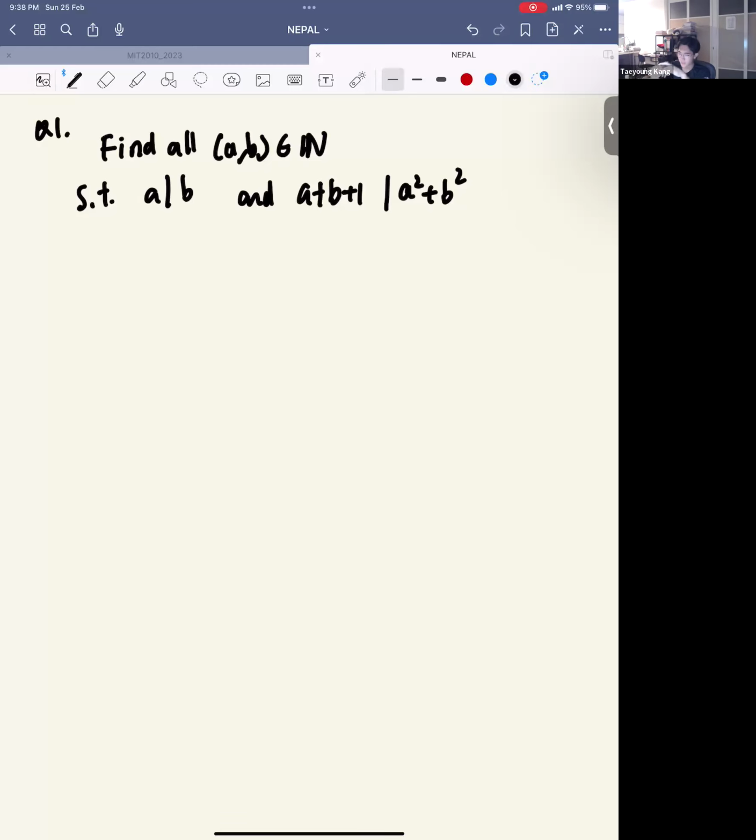But when you look at it, we have A and B and a 1. And it's very hard to have a physical sense of how big the number is, right? But thankfully we have the condition A divides B. So how can we, yeah, correct. We can substitute B equals AK, where K is some positive integer, right?